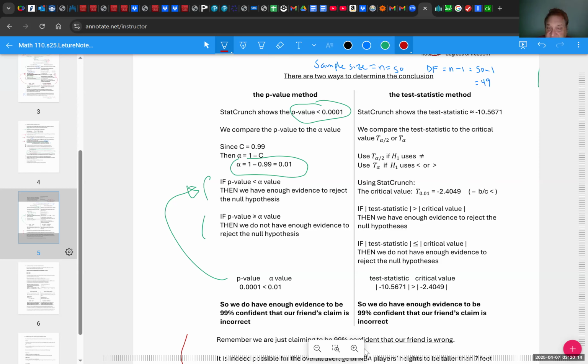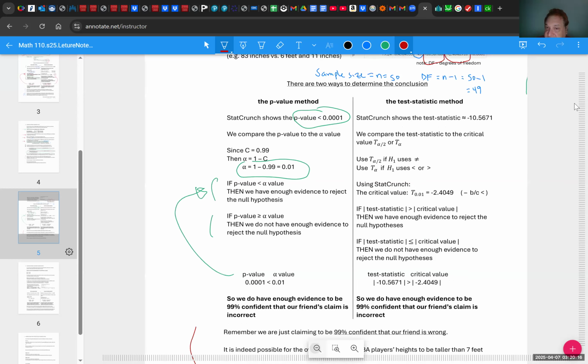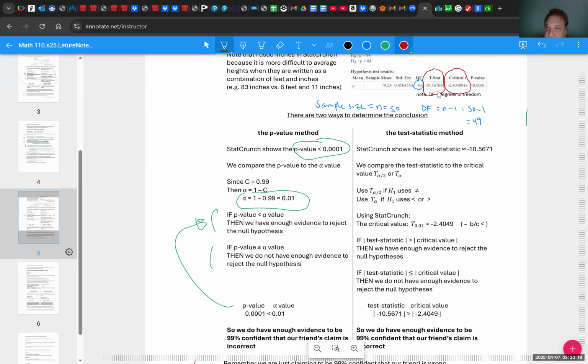So the test statistic was the negative 10.56, and the critical value is negative 2.409. Remember, I'm using absolute values, so we ignore the negative signs. So the 10 number is greater than the 2 number. So we have a test statistic, if we ignore the negative signs, which is bigger than the critical value number.